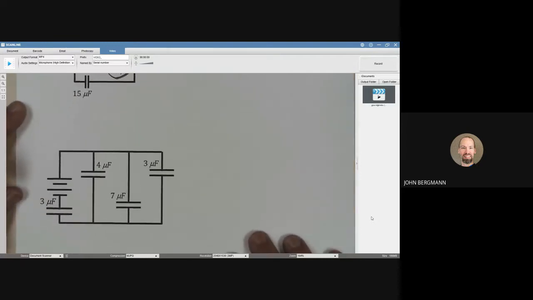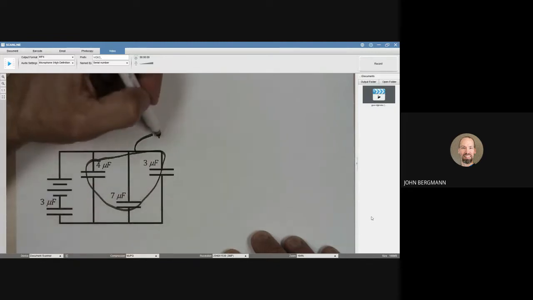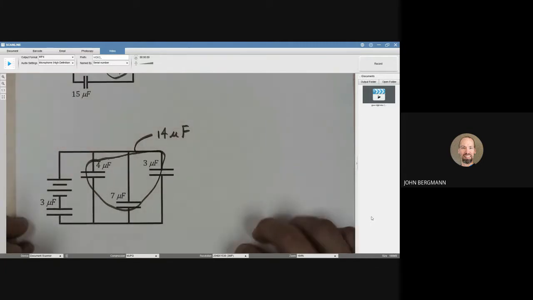Last one. What do we have here? We got some batteries over here. These 3 are in parallel with each other, but then those are in series with this one. Let's first take those and combine them all into an imaginary one, which would be 14 microfarads, because they're in parallel, so you just add them up.